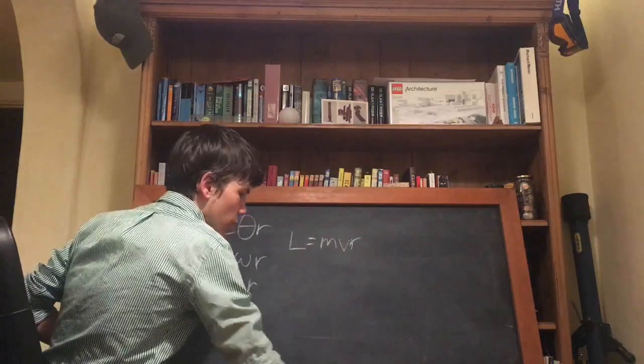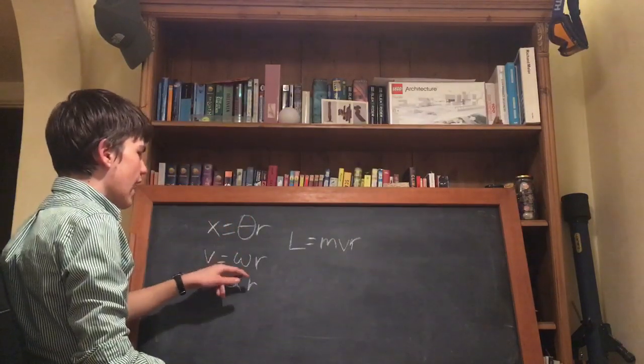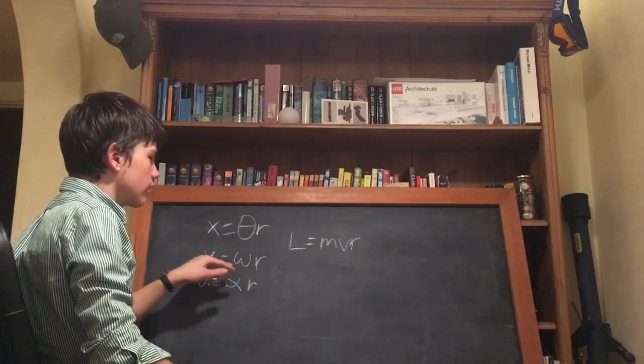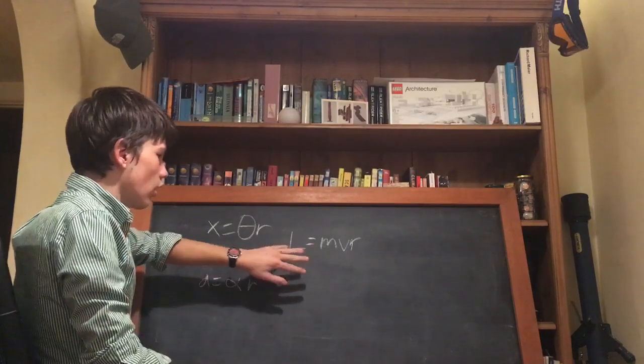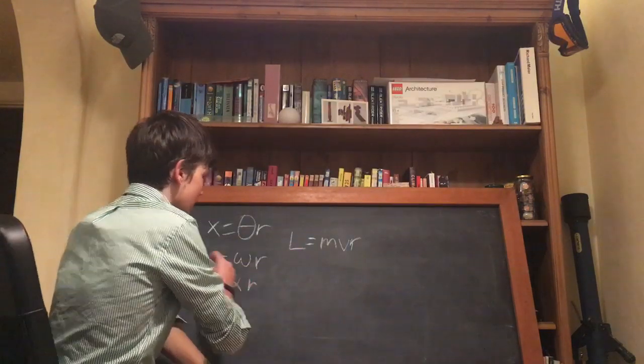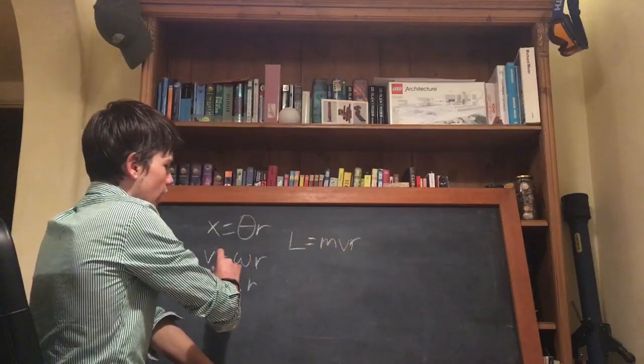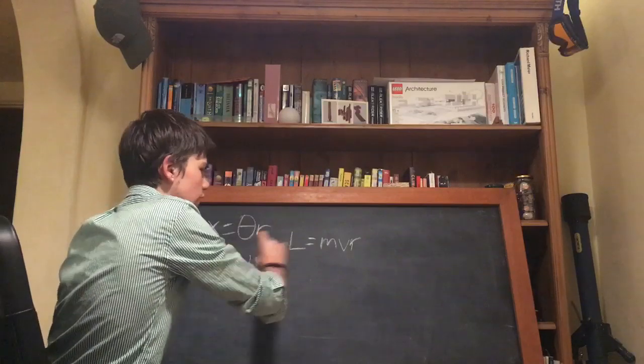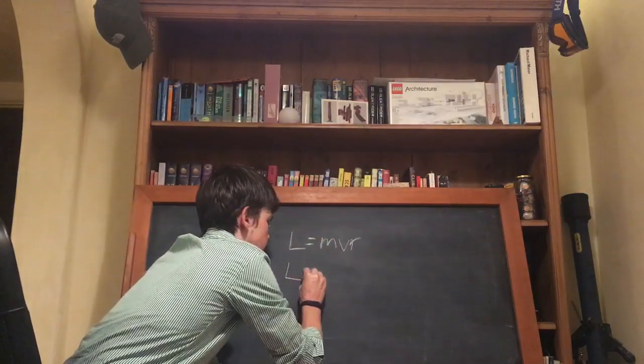What if you are only given an angular velocity, but you need to solve for momentum? In this case, you can actually plug angular velocity times r into the v.